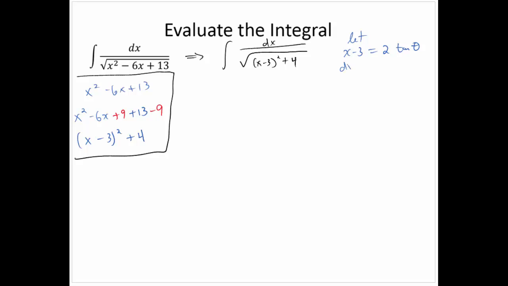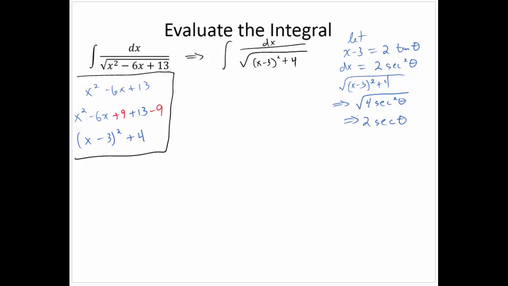Then dx would be 2 secant squared theta. And that square root of x minus 3 squared plus 4, after a little bit of work, would end up being the square root of 4 secant squared theta, and so that becomes 2 secant theta.